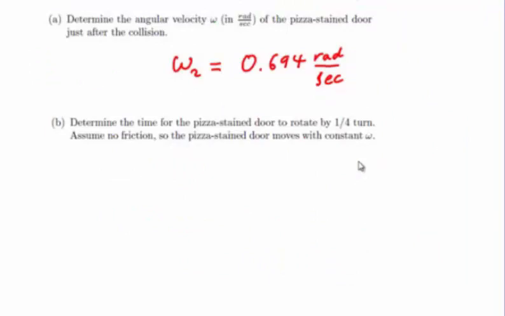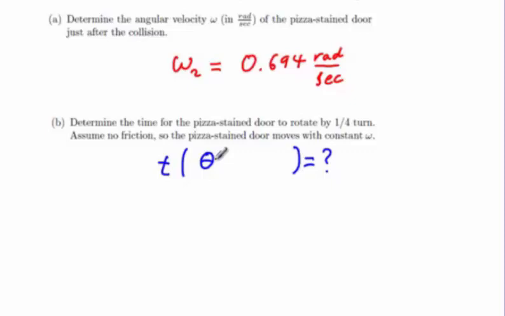For part B, we are asked to determine the time for the pizza-stained door to rotate by a quarter turn. This is a kinematics problem. Since we are asked for a time interval, we begin by formulating the question when. This is an ill-formed question. We need to say when what. To specify a quarter turn, we recognize that turns are an angular distance and therefore represent an amount theta.